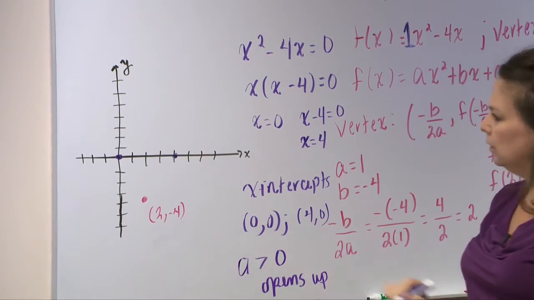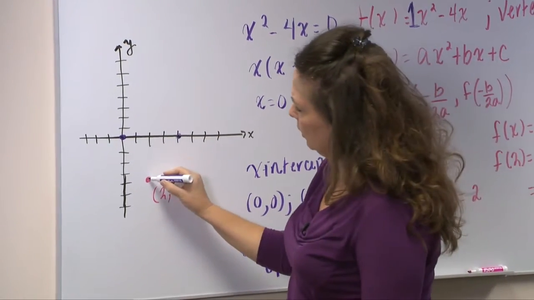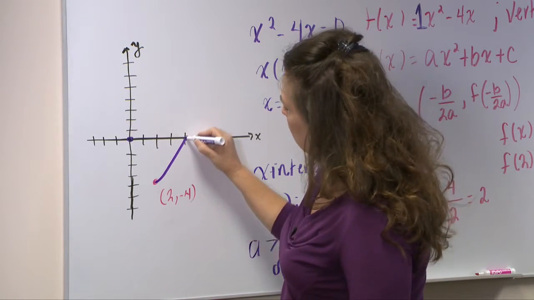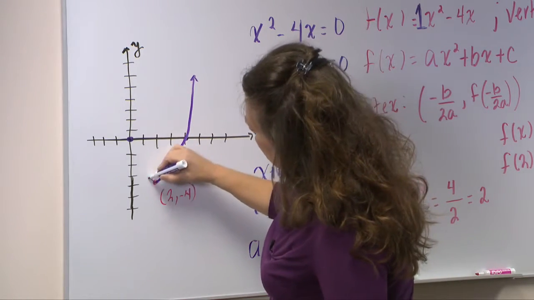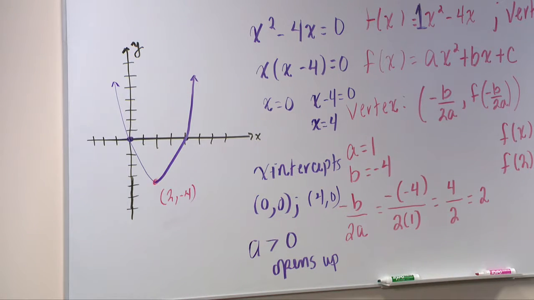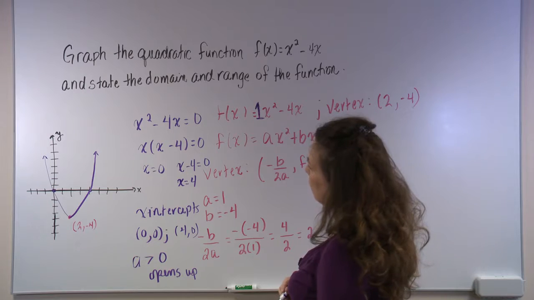The parabola opens up. So our vertex is here. It's also going to pass through these two x-intercepts. It opens up. And here is the graph of the function f of x is equal to x squared minus 4x.